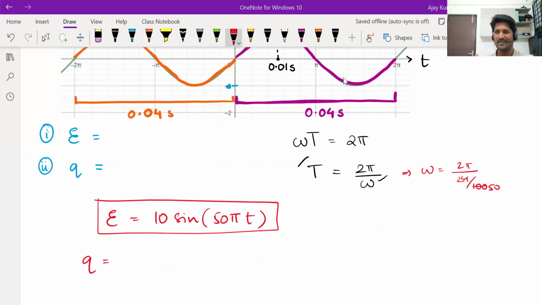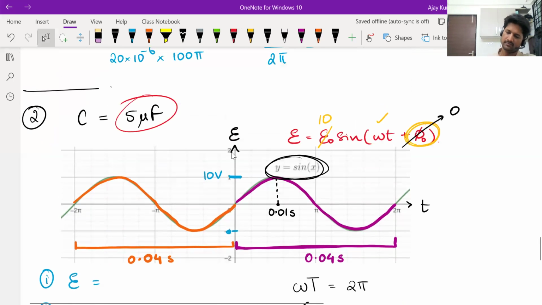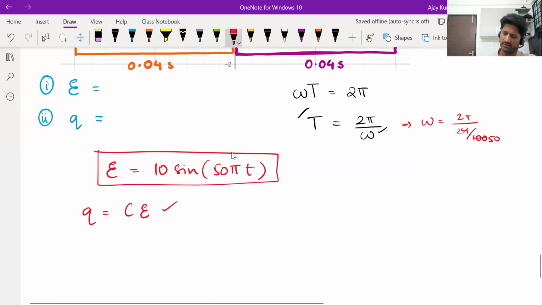I'm asking you how to get charge from capacitance and voltage. Q is equal to CV. Q equal to CV, correct. So C into the derived EMF function you will write. Capacitance was given to you in the problem. That's all, you get the charge function.